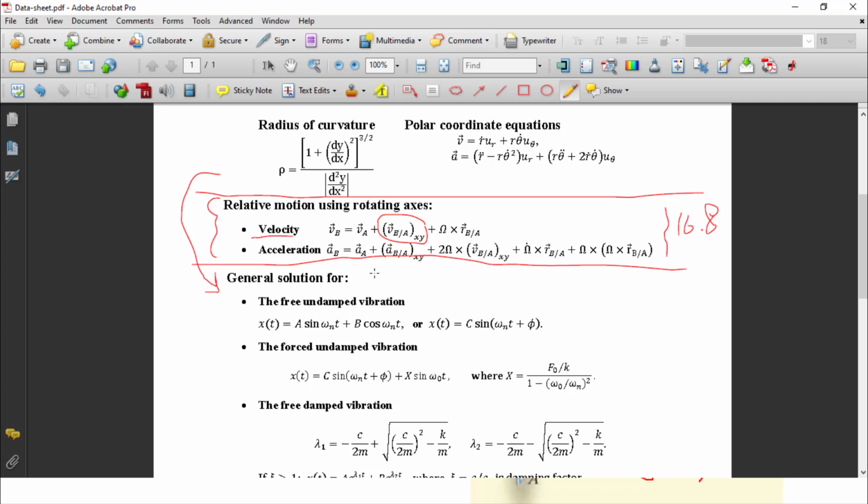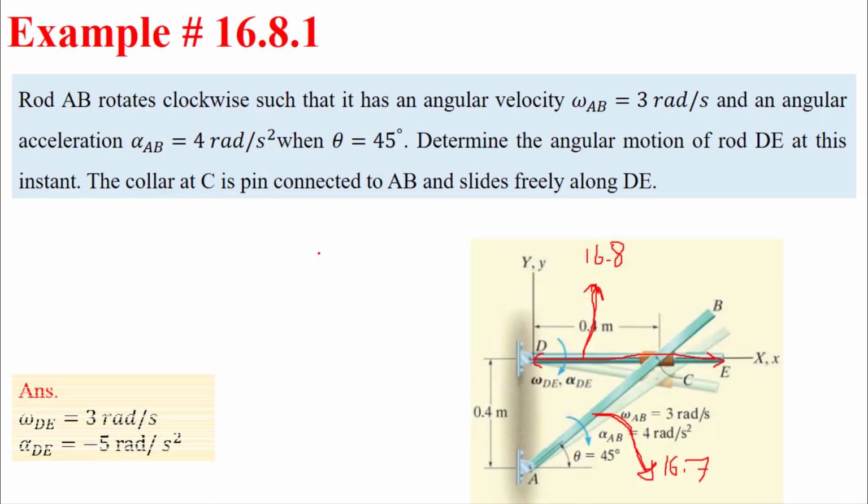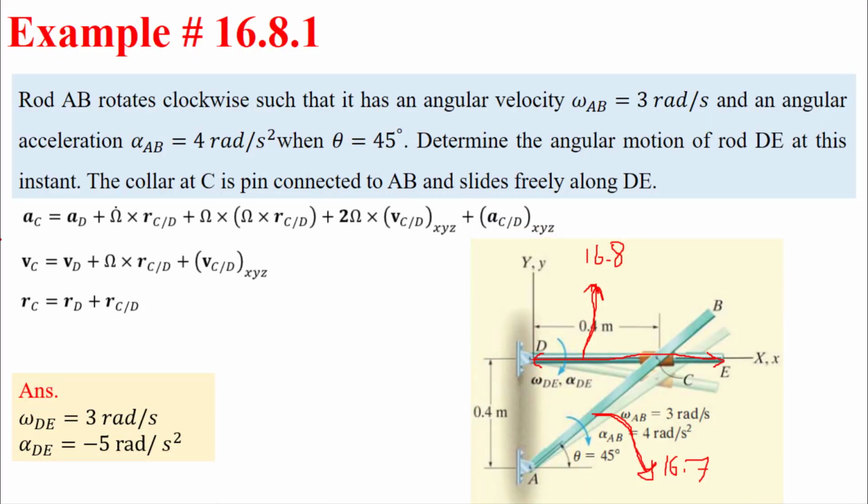For the acceleration, this is the new component, and here is the second component. This is the Coriolis component, as we mentioned. This is the relative acceleration of the primary with the secondary coordinate system. So here are the equations.